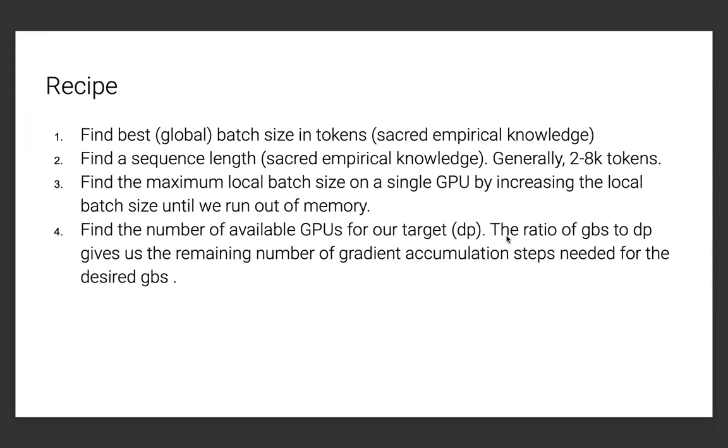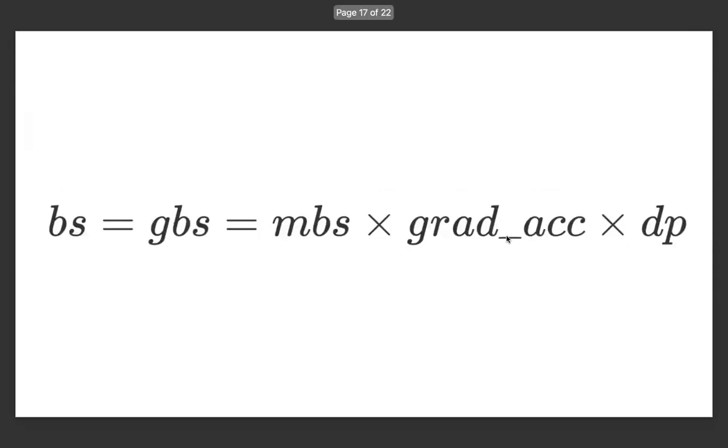That means we feed the model on a single GPU, and then we see how much space we have left after fitting the model to store the actual sequence and do the forward pass and the back propagation. This way we get our MBS.